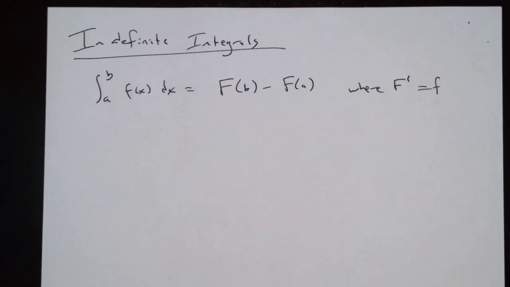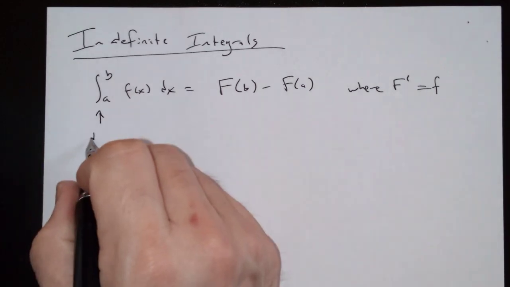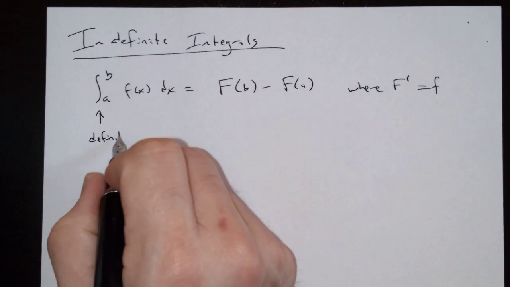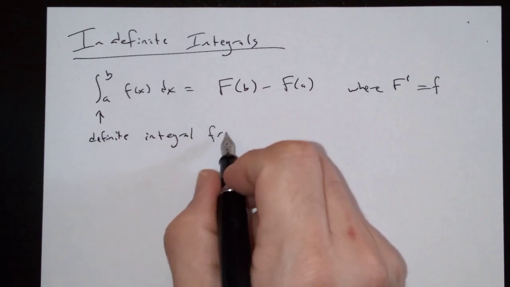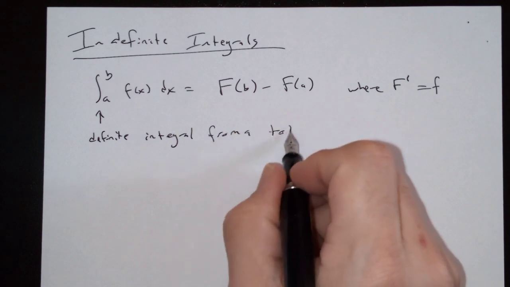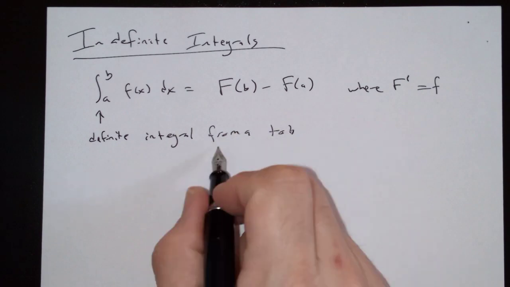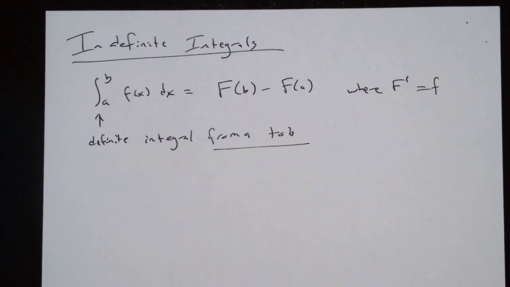This is a definite integral because it has a place where it starts and a place where it ends. This integral is going from A to B. But if I just say I want an antiderivative, then I need something that isn't bounded by specific locations.